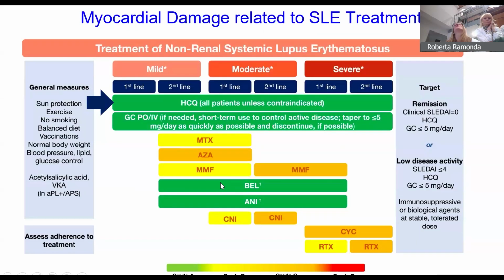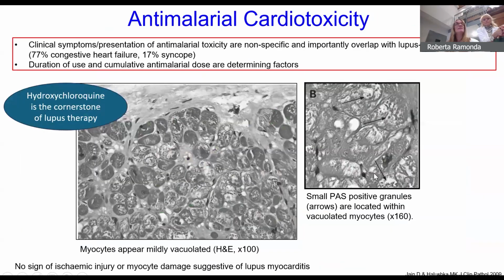It is very important to consider, when we speak of heart involvement in lupus, that a potentially cardiotoxic drug, hydroxychloroquine, is the first line treatment, as you can see here, for all forms of lupus, so mild, moderate, and severe. And this is very important because we need to take this into consideration.